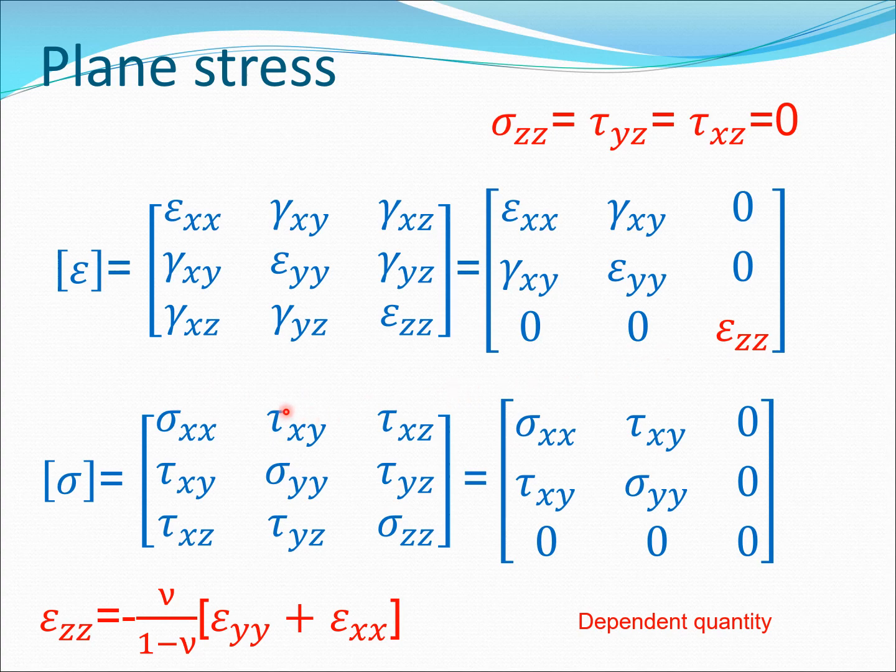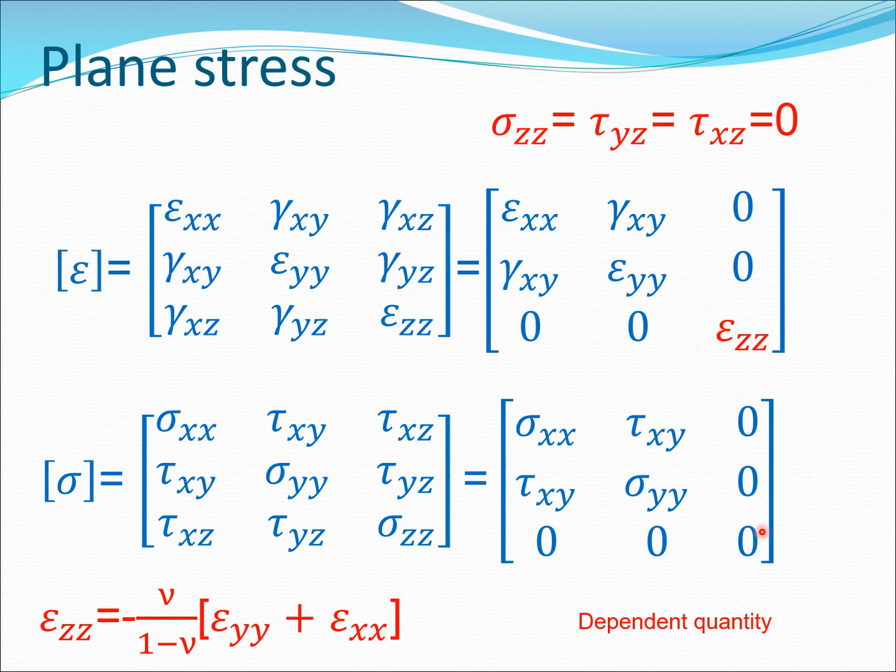So we saw in the case of plane stress that sigma is given by this 2 by 2 reduced matrix or reduced stress state, and you have essentially sigma xx, sigma yy, tau xy, because the remaining stresses have been set to 0. But in this case also, if you obtain the strain matrix, you get this epsilon z term which is present.